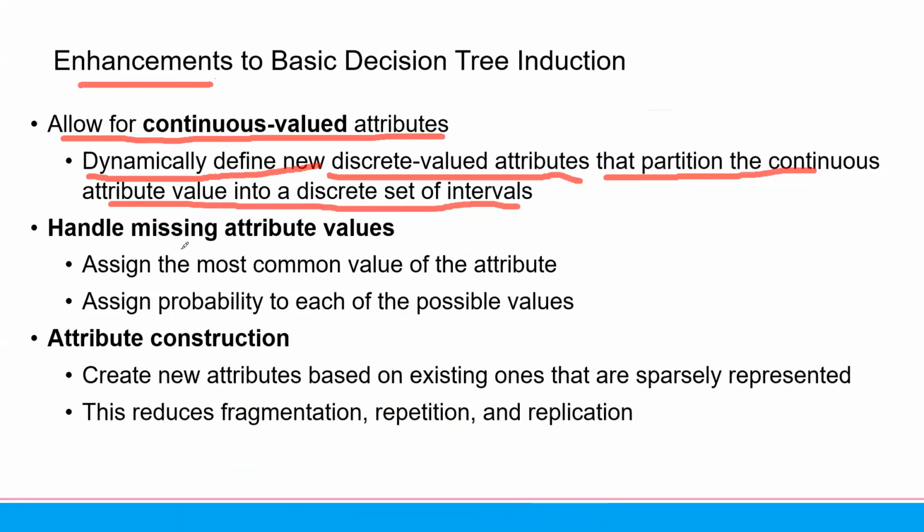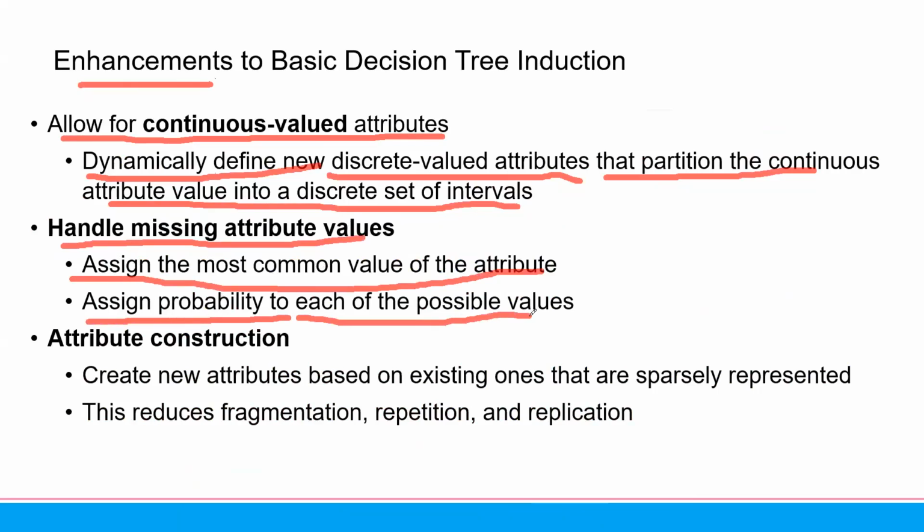We can improve the decision tree by handling the missing attribute values. So we learned about data preprocessing for these missing attribute values. For example, if it is categorical, we can assign the most common value of the attribute. Or we can check the probability.